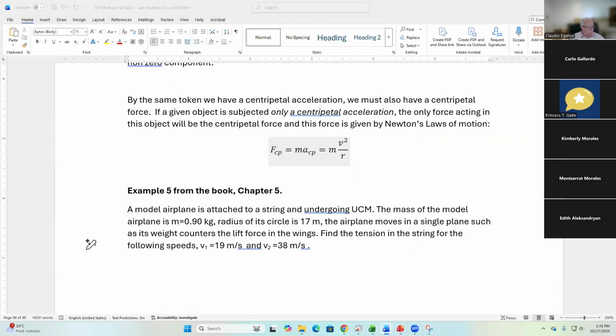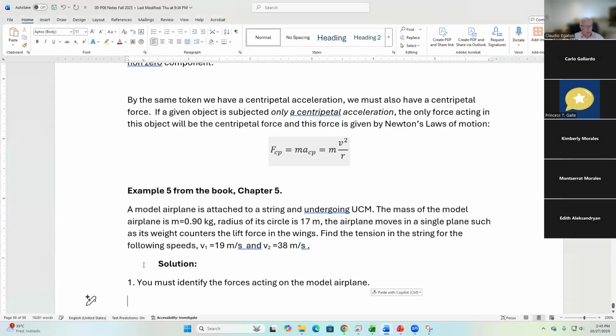Okay, solution, right? You must identify the forces, just like we did. Those forces on the plane are weight, lift, and tension. Centripetal force is not a force, okay? Well, let's say the centripetal force is maybe a summation of forces. That's what we should say.